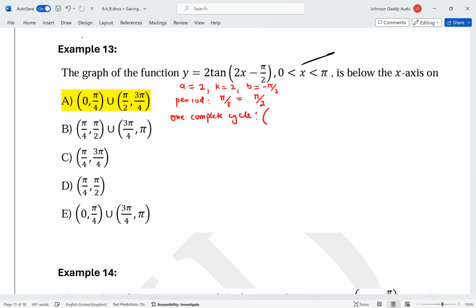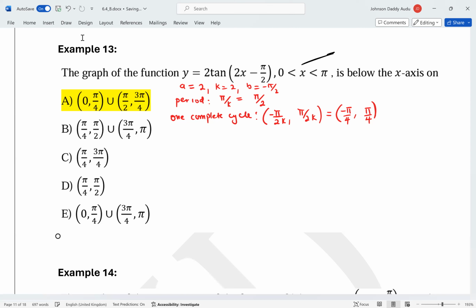So this is what we should have. Minus pi over 2k to pi over 2k. But what is this? If you substitute k, it's going to be minus pi over 4, because k is 2, so this is what we have.